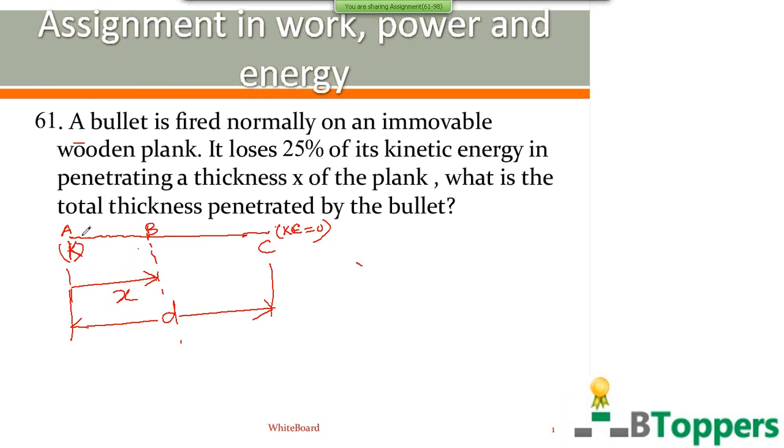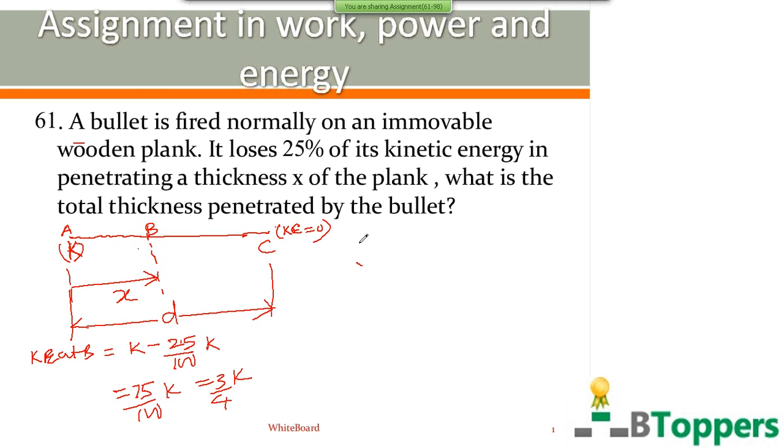That is, the bullet loses 25% of its initial kinetic energy as it moves from position A to position B. Therefore, the remaining kinetic energy of the bullet at position B will be 100% minus 25%, that is, initial kinetic energy minus loss in kinetic energy. That means the kinetic energy at B will be 75% of the initial kinetic energy at A, or 3/4 of the initial kinetic energy at A.